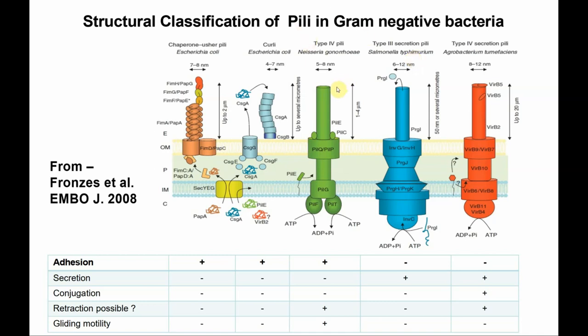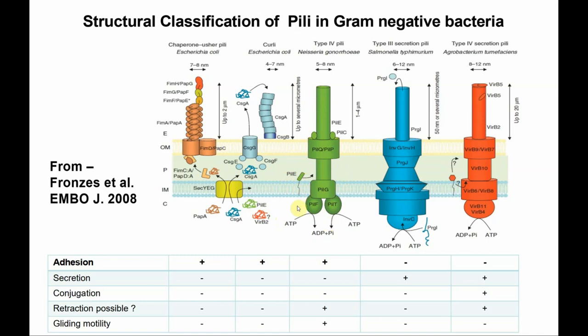Type 4 pili. Now, once again, big multi-protein complex, crosses the plasma membrane, crosses the outer membrane, and a filament that goes all the way through. Now, what is different here is that the proteins of the filament, they're added at the base.